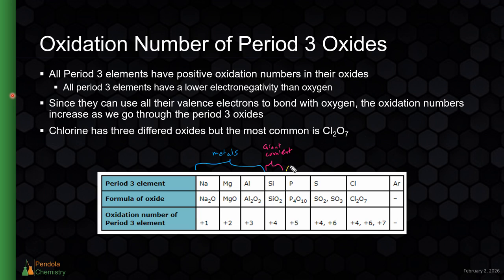And again, we're not going to talk about argon because argon doesn't react with anything. It's a noble gas. These are non-metals, and simple molecular for their actual oxides.